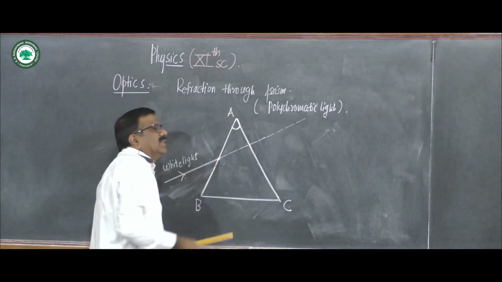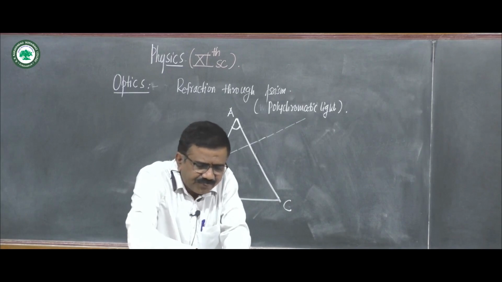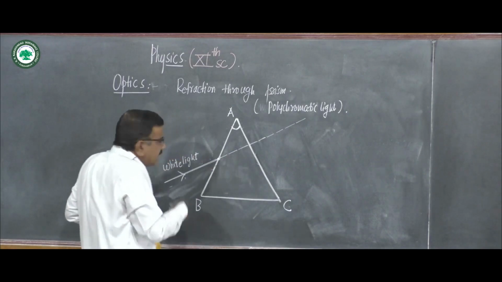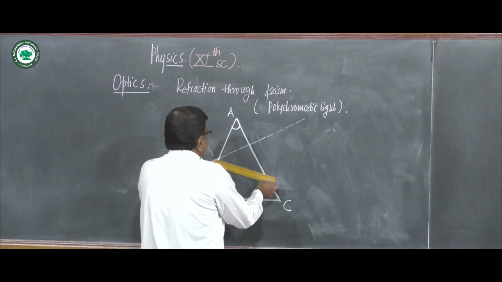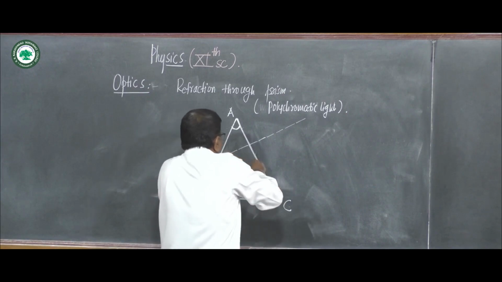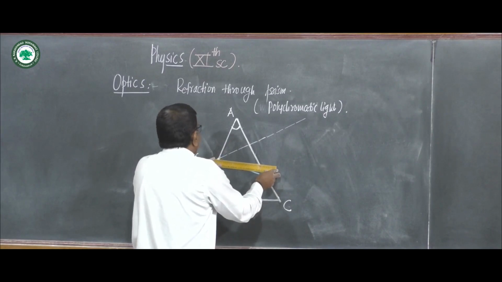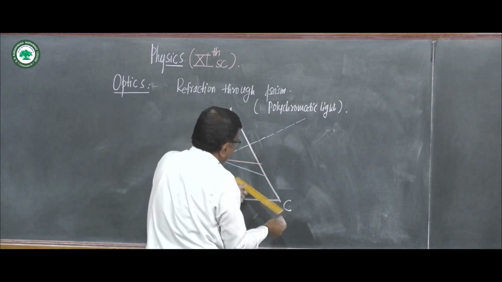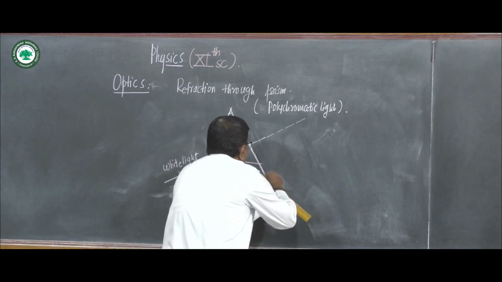At this point, the ray is refracted, and angle of refraction is different for the different colors. It is dispersed into 7 colors. Here, for our convenience, we show only extreme colors. Suppose violet and red are the extreme colors. And again, this is the refraction here.